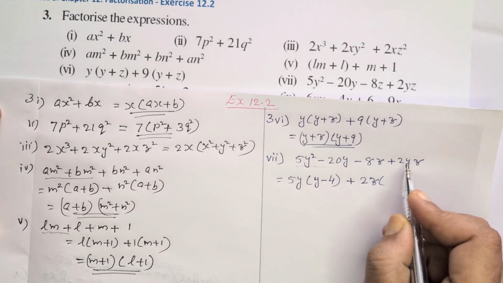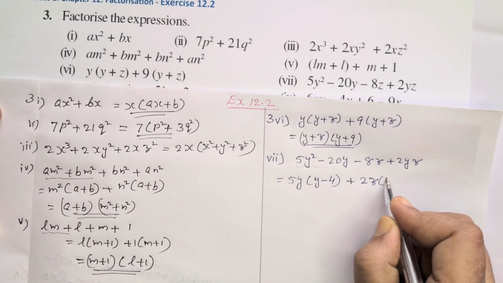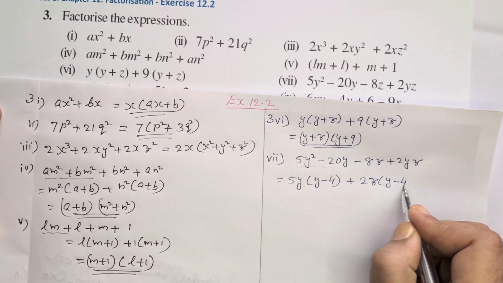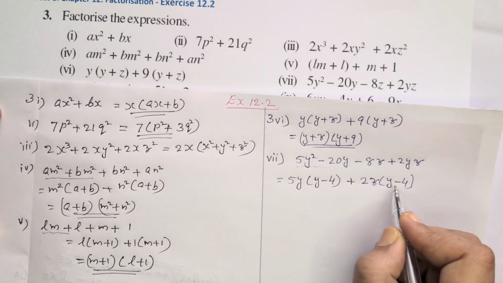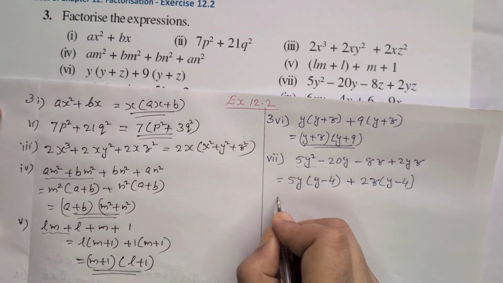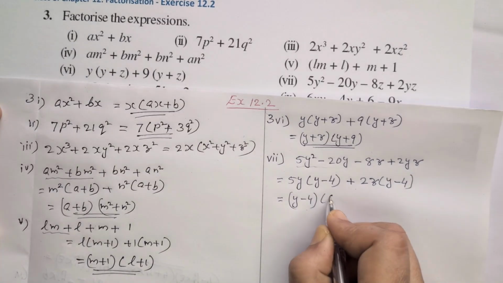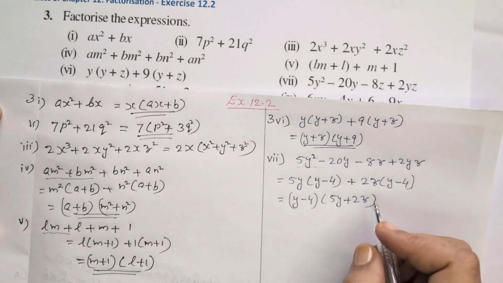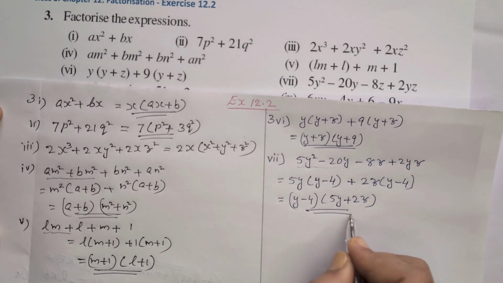Take the positive term first, 2yz. From there 2z we took out, then y is there. Minus from here 2z, that means 4. We have to make the inside of the bracket the same. So which is equal to y minus 4 into 5y plus 2z. So y minus 4 into 5y plus 2z.